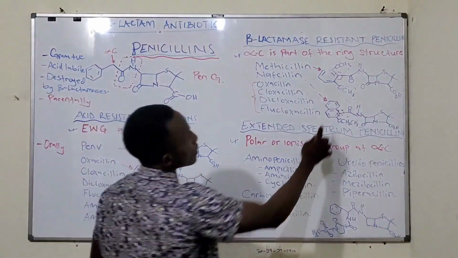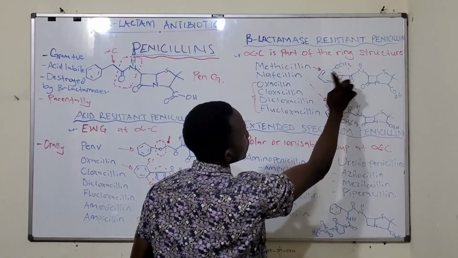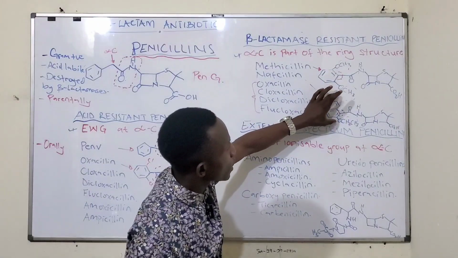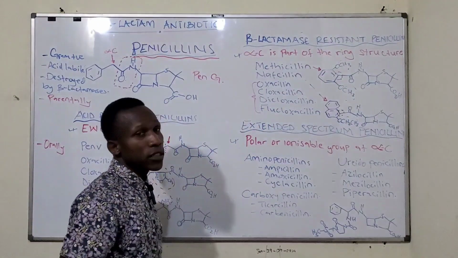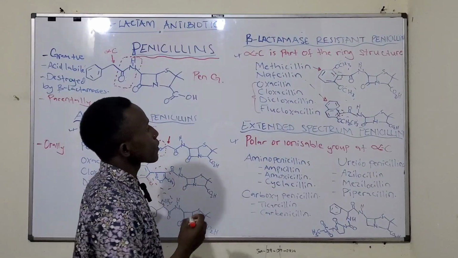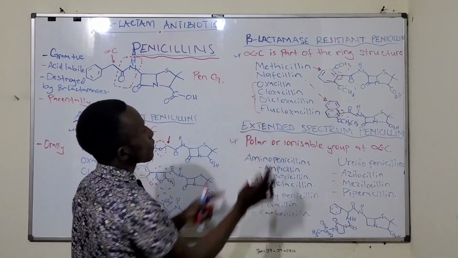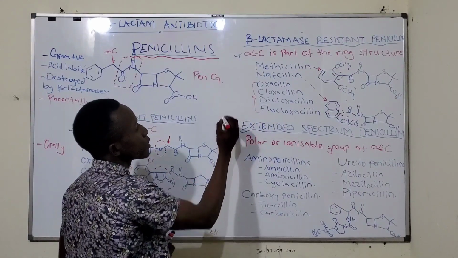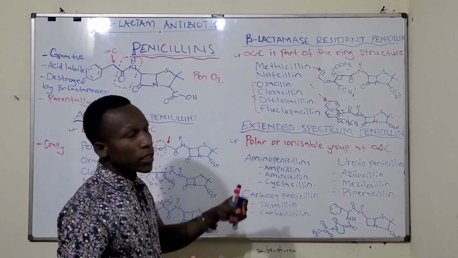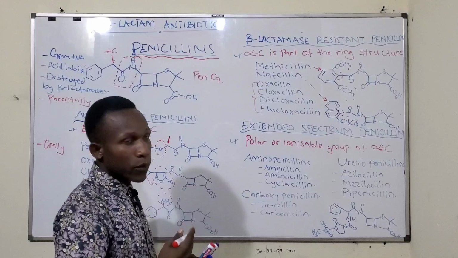Why? These groups are highly lipophilic, so they are not easily penetrating the membrane of the gram-negative bacteria. Meaning that these ones can target those bacteria which are beta-lactamase producing, but which are gram positive.